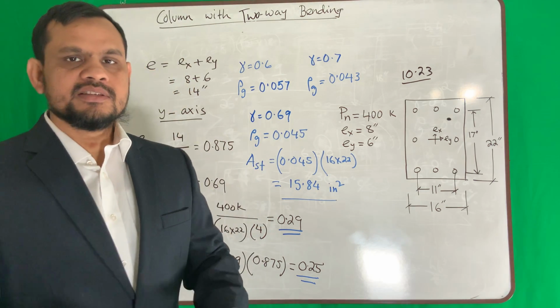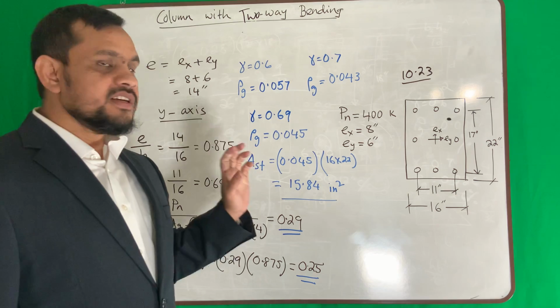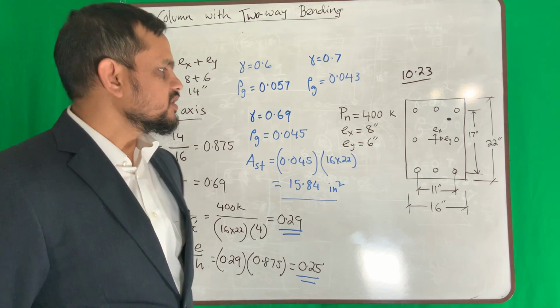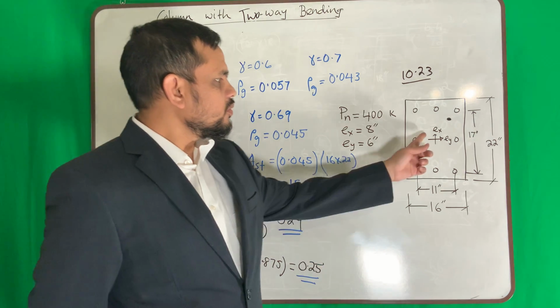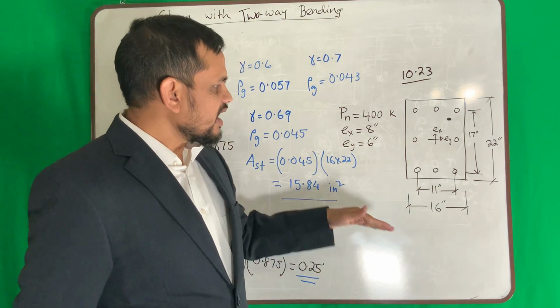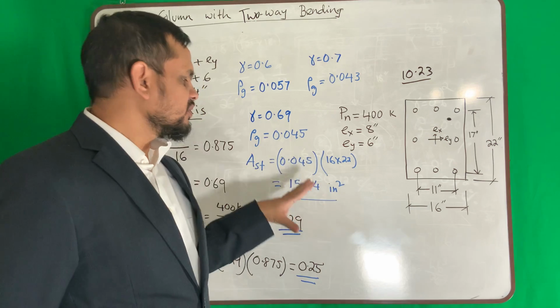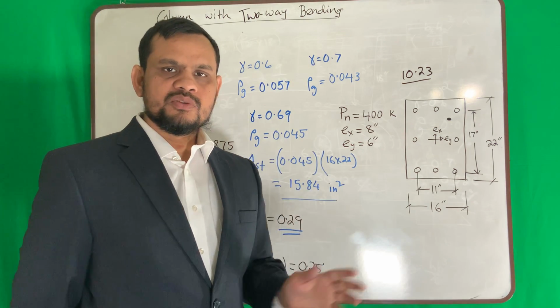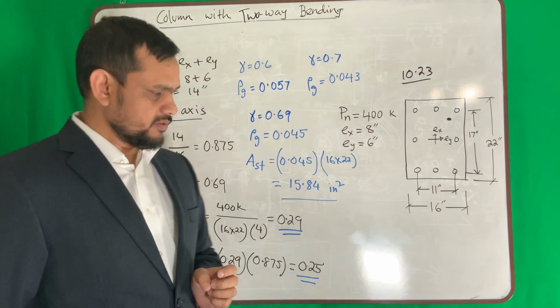So once we find our reinforcement, then choose your bars and place them. So design is done. Now this method is not an accurate method because we assumed both eccentricities about the weaker axis. So this method is very conservative, very over designed. So this is not a good method.